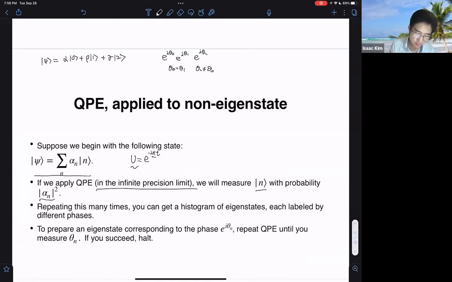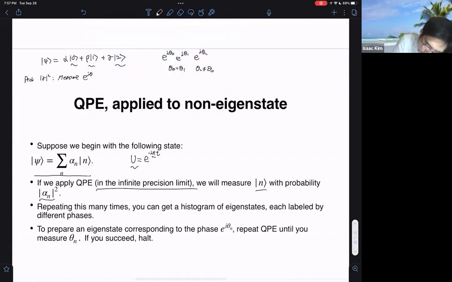What you would do is you have a subspace spanned by 0 and 1, and its orthogonal subspace spanned by 2, so that's just one-dimensional. With probability gamma square, you measure e to the i theta 2, and after the measurement you get this state 2.